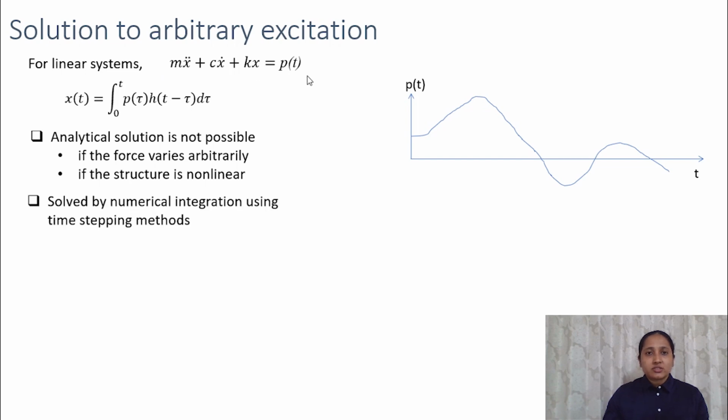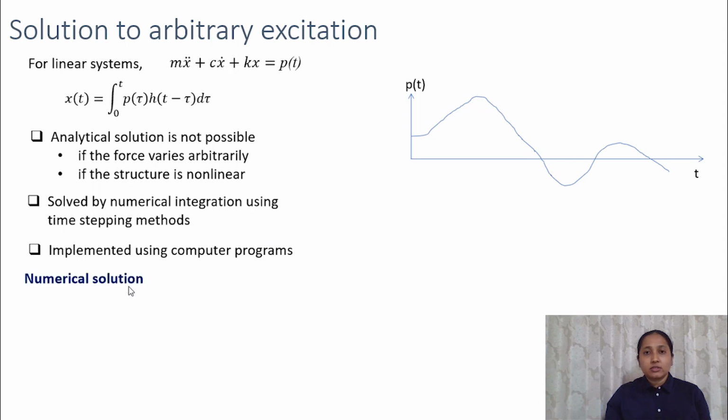The solution for a single degree of freedom system under an arbitrary excitation can be found using time-stepping methods. These methods can be implemented using computer programs. Now let's see how a numerical solution is found. As the first step, we can represent this forcing function as a series of forces acting at different time instants.